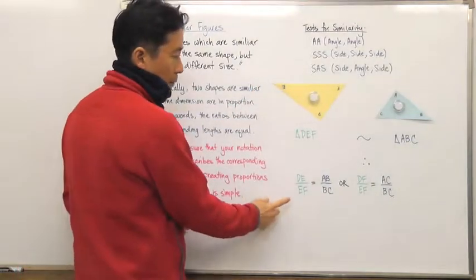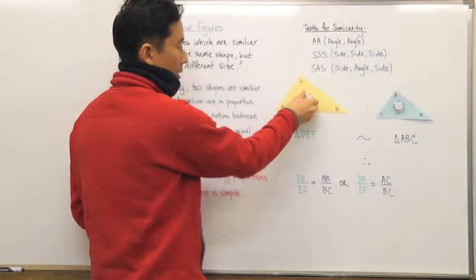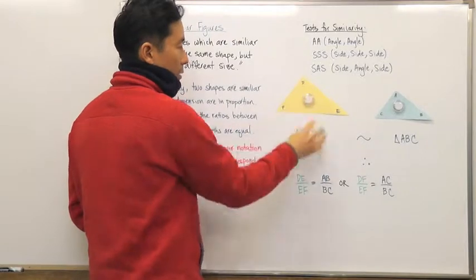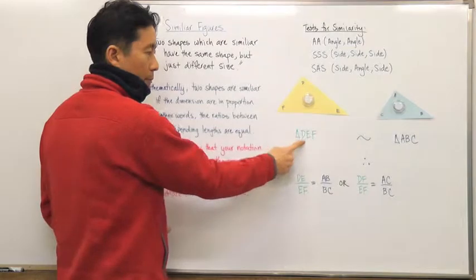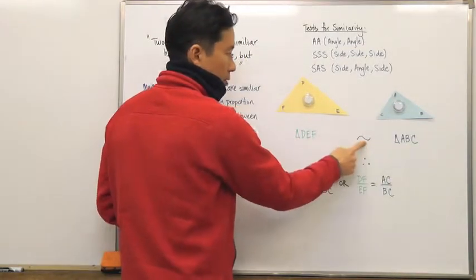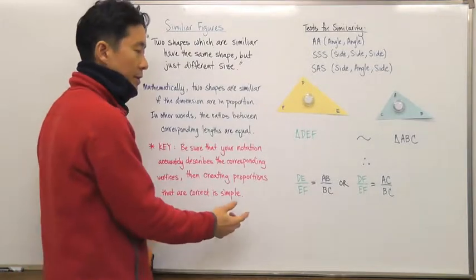Now, how does that work? If I wanted to create a proportion of two sides, a ratio of two sides of this figure equaling a ratio of two sides of this figure, if my original notation that shows the similarity is correct, then creating these proportions is very simple.